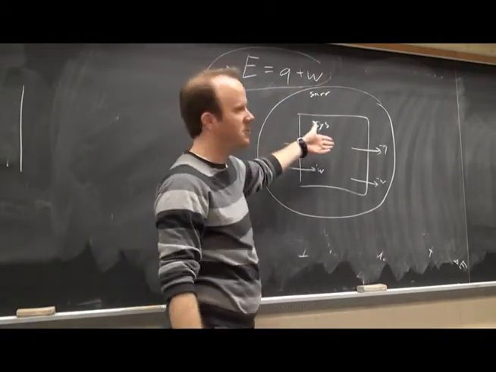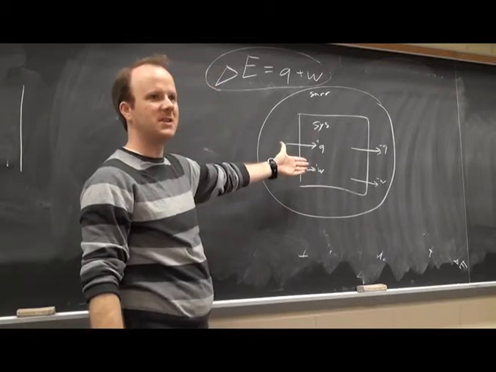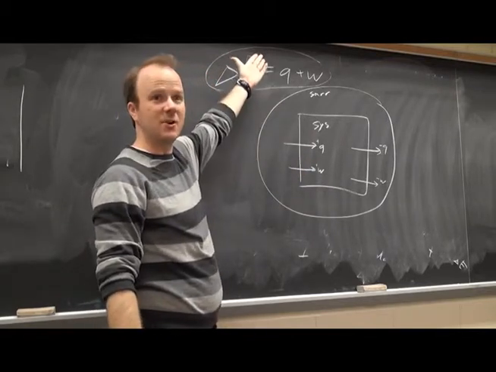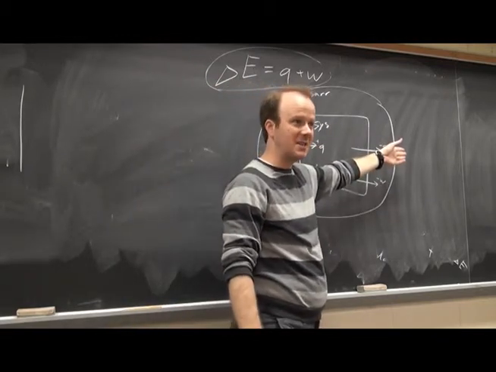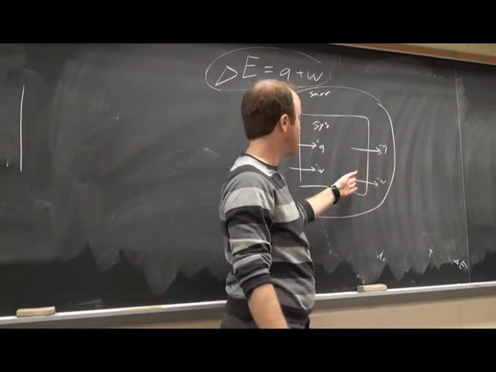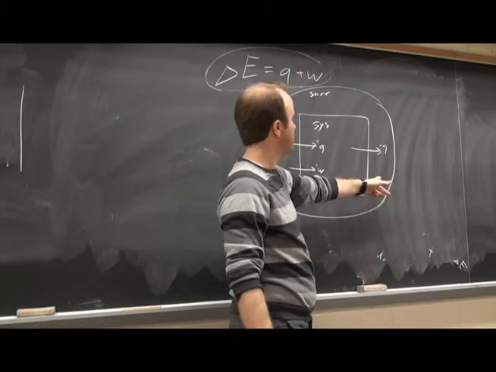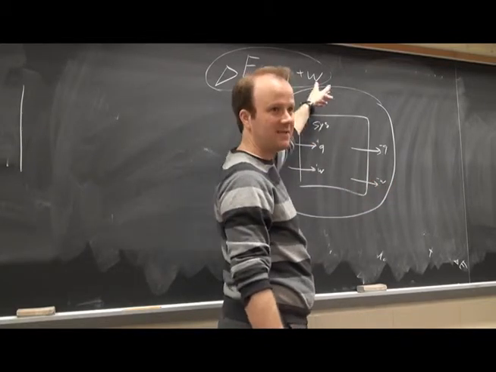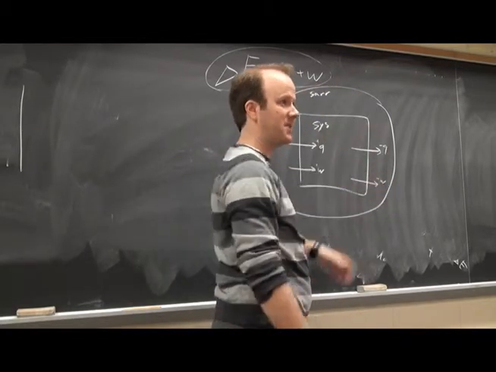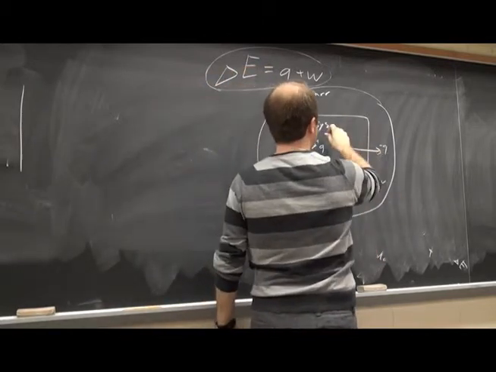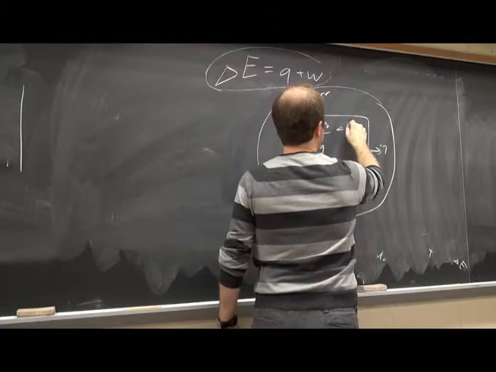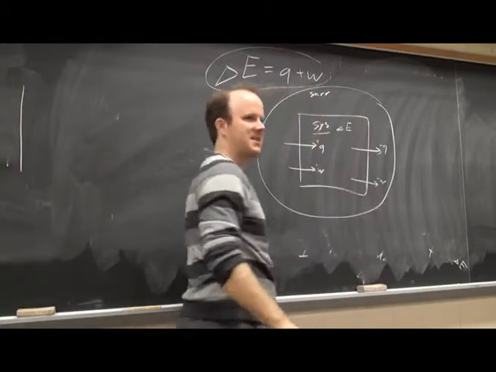So if I'm putting Q into my system or I'm putting work into my system, delta E is going up, right? If I'm taking heat out of my system or taking work out of my system, you have a negative sign here. So my internal energy is going down. And so this equation works with this diagram when you think about the delta E of the system.